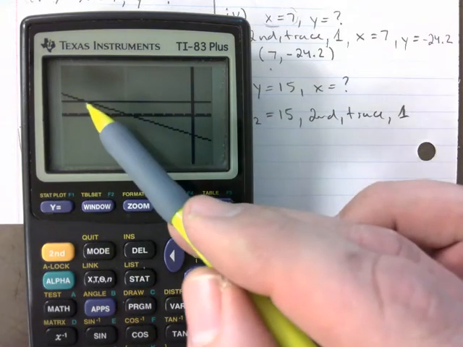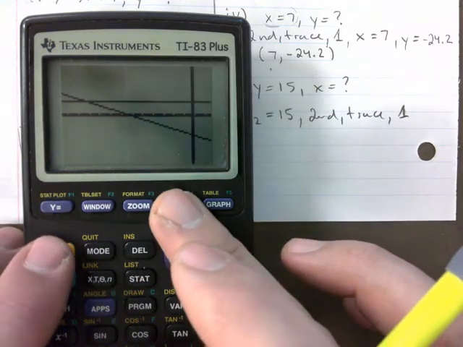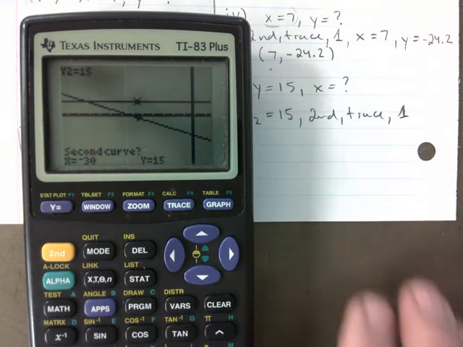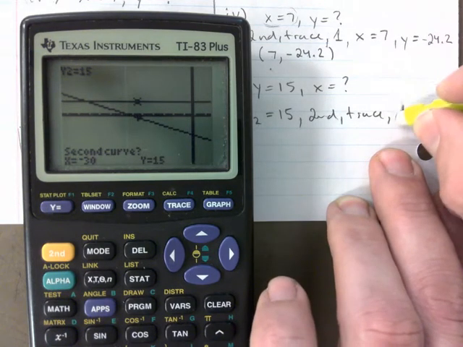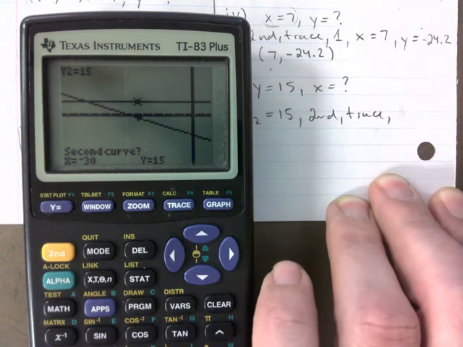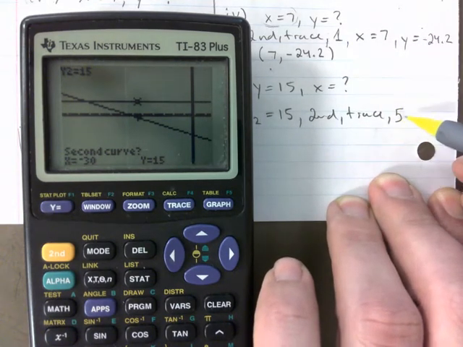See, now we see the intersection. So let's go second, trace 5. Enter. No. Yes, sorry. I just lied to you on your notes. Can you change that to a 5 here? Sorry.